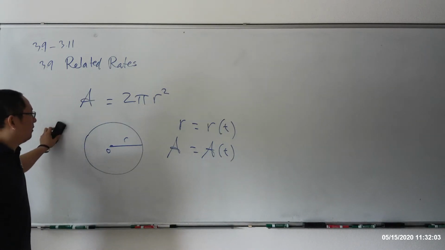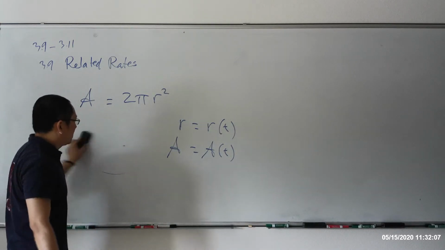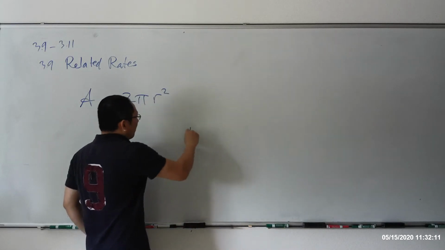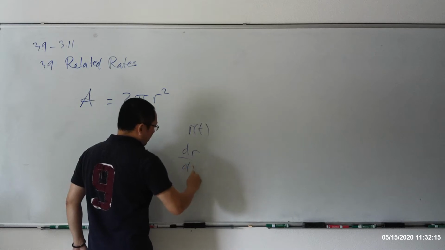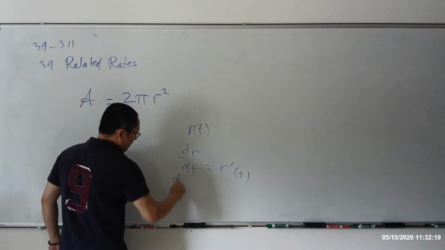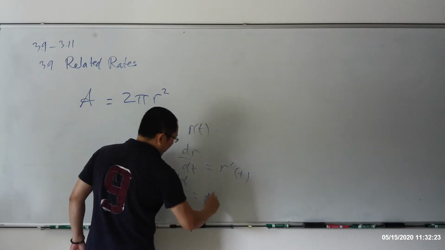So what happens if the time changes? If the rate changes with respect to time, what is going to change? The idea is this. You have r of t, so dr over dt is no more than r prime of t, right? And then dA over dt is no more than A prime.